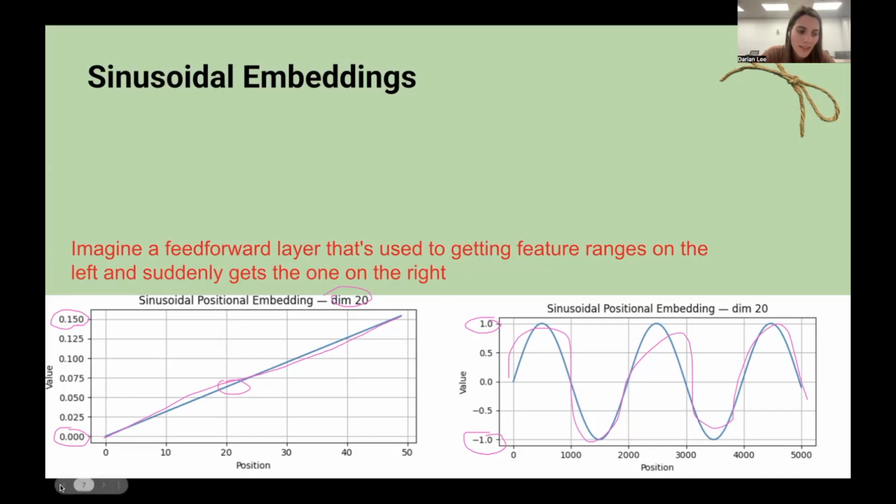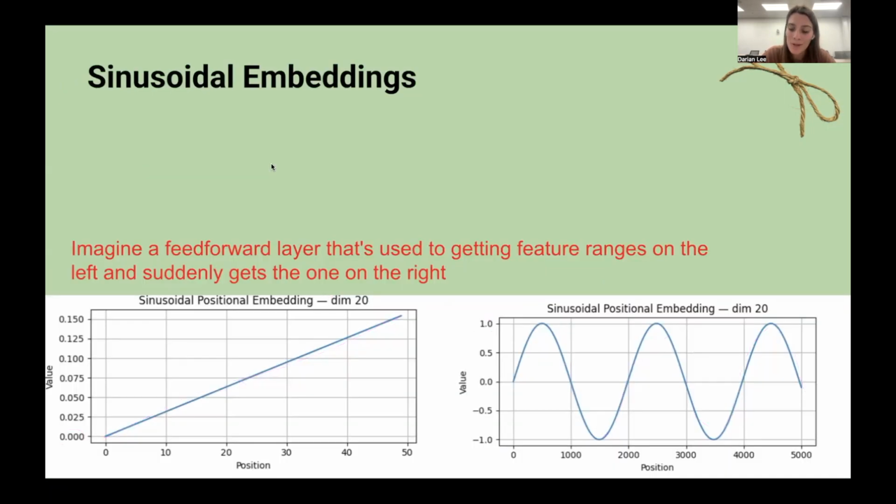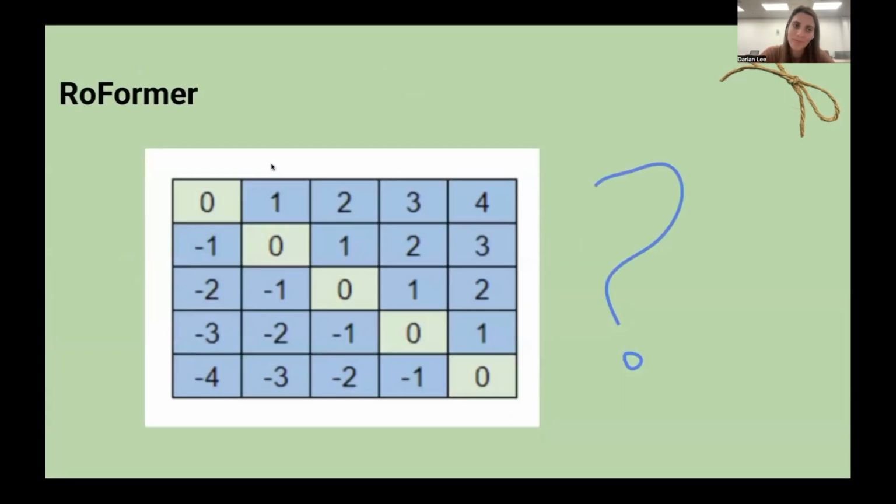So let me just clear the drawing. So that is kind of our main intuition for why these can struggle with increasing context lengths. And now we are going to go into the RoFormer, or the rope embeddings as introduced in the RoFormer paper.